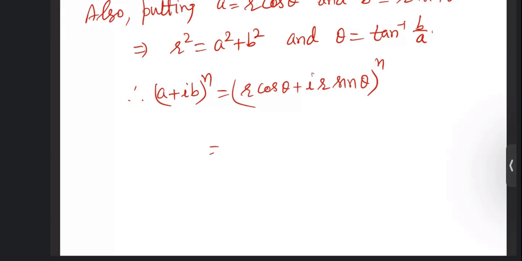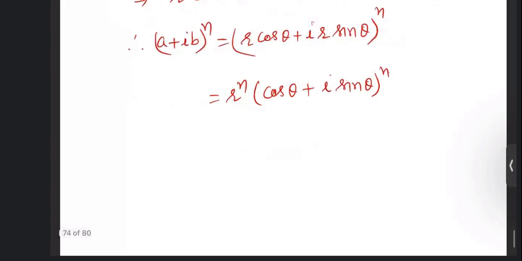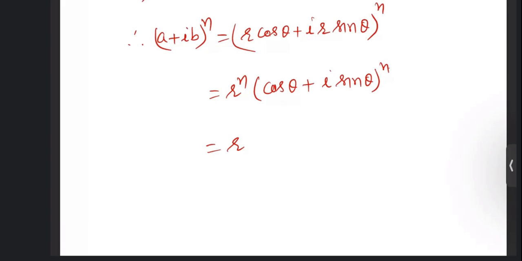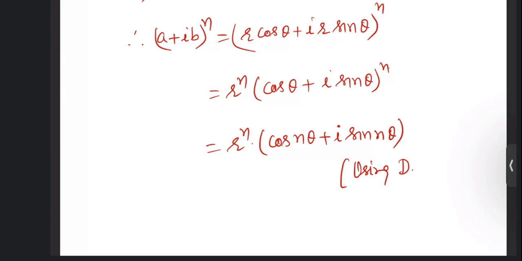That can be simplified as r raised to the power n into (cos theta plus iota sine theta) raised to power n, and using De Moivre's theorem, that is r raised to the power n into (cos n theta plus iota sine n theta).